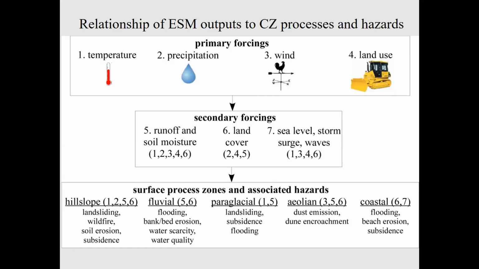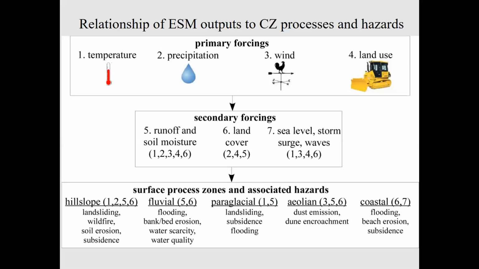But I think we can say something. There are robust predictions being made about the intensity of precipitation and how that might vary across the globe that I think are correct and are being shown to have successful hindcasting ability. Wind speed obviously is going to force something like dune behavior, and then land use. So temperature, precipitation, wind, and land use.